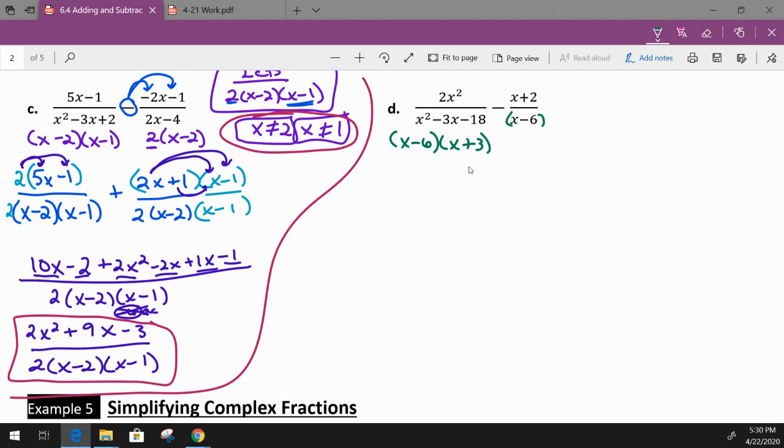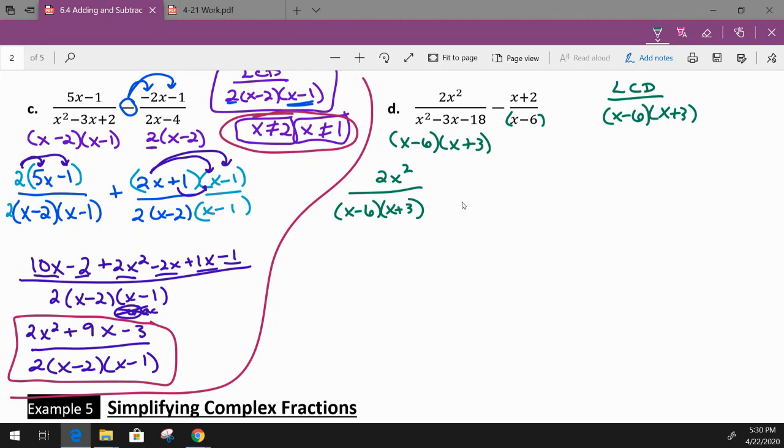So your least common denominator will be the product of x minus 6 and x plus 3. So this first fraction already has both factors in that denominator. So the first fraction does not need to change, but you do want to leave your denominator in factored form.